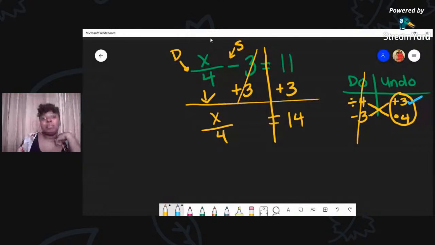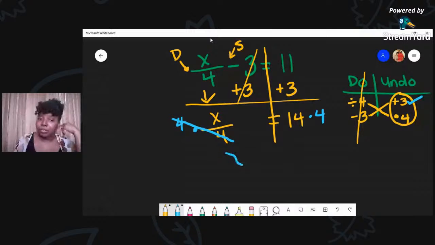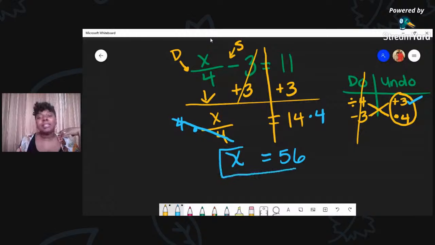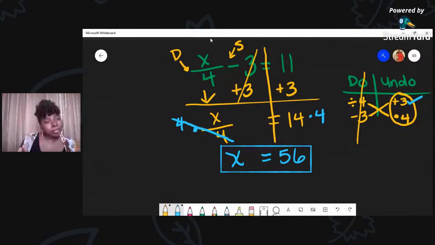Step 2 says multiply both sides by 4. And when I multiply both sides by 4, I'm able to get rid of this division and the 4. I'm left with x equals 56. I'm not done because I have to check my work.